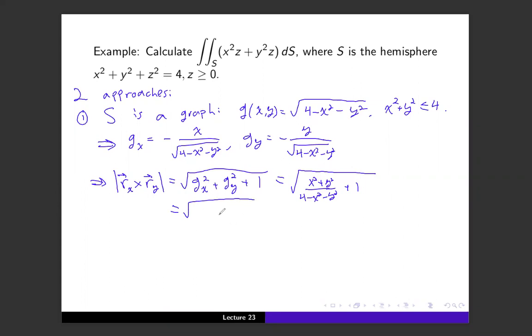Doing this whole thing together, this comes out to 4 over 4 minus x squared minus y squared, all under one big square root once you add those things together. Or in other words, 2 over the square root of 4 minus x squared minus y squared.